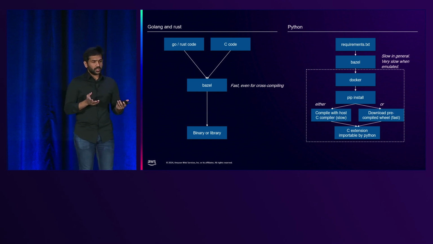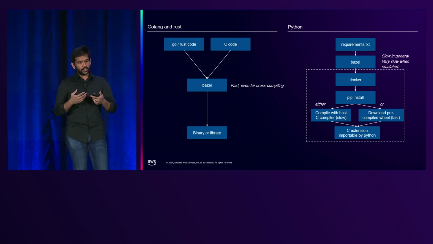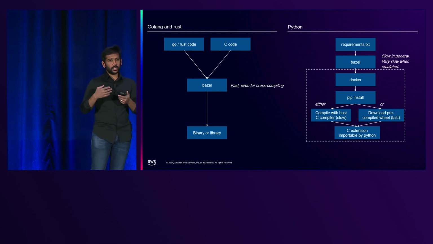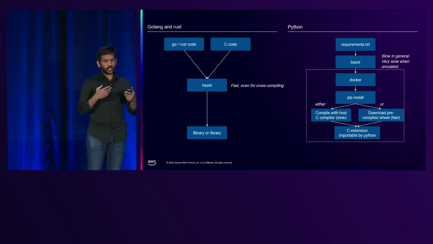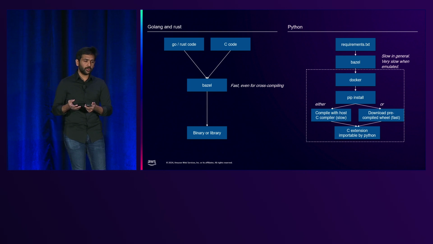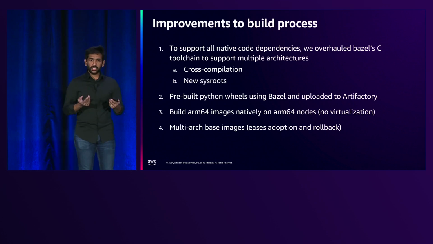The process in general is slow, but especially when you perform the same process for ARM64 architecture, it gets even slower because we were using AMD instances to compile the code for ARM64. So in order to overcome this challenge, we made certain improvements.